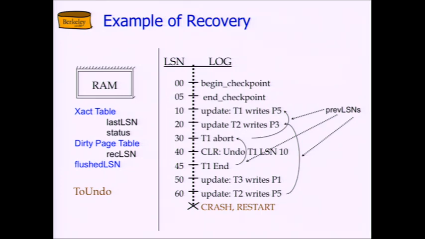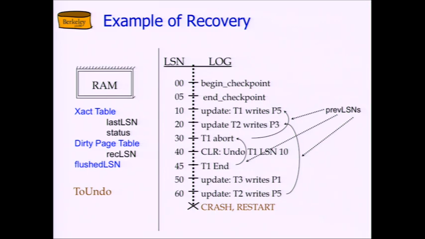Great. All right, log record 45. We're done undoing transaction 1, so we write an end log record for T1, right? So do we change something in the transaction table? Remove T1 from the transaction table. All right. We need no record of T1 anymore. Note that the prev LSN of 45 is 30 because, wait, that's a bug.